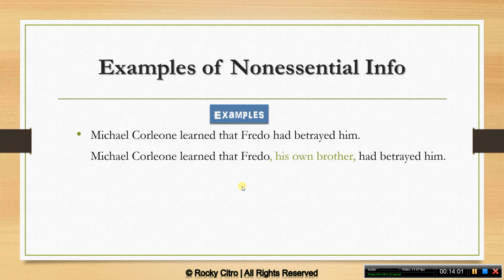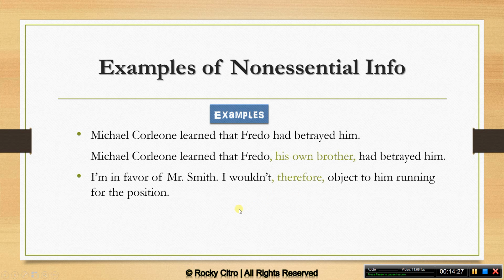There's a lot of reasons we would want to add something into our sentence. In this case, we have a little extra effect. Michael Corleone learned that Fredo, his own brother, had betrayed him. Okay, well, we know that we could take this phrase, his own brother, out and still have the fundamental idea because we just had that base sentence. But I just wanted to show you how, working from the other direction, we could do this.